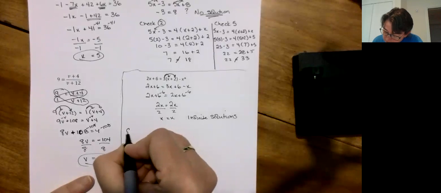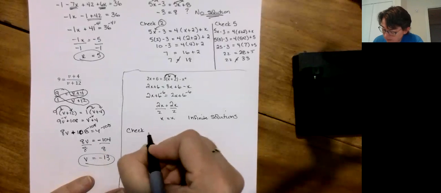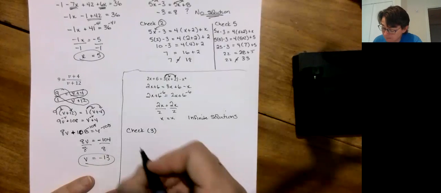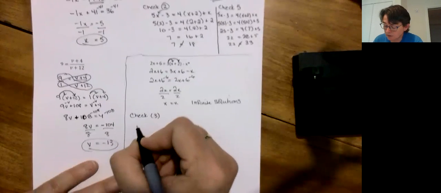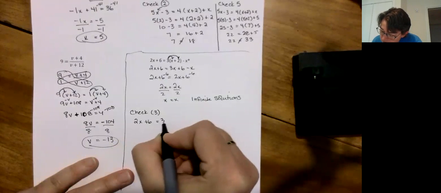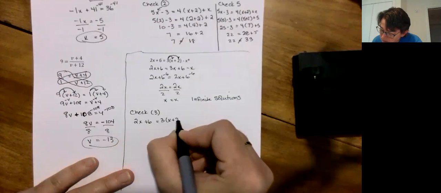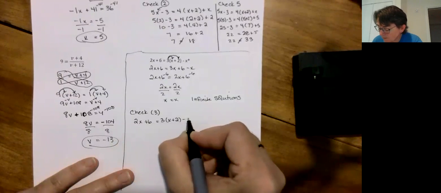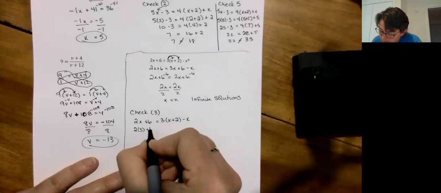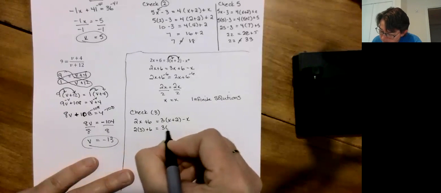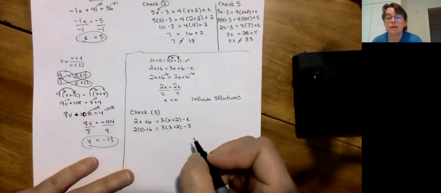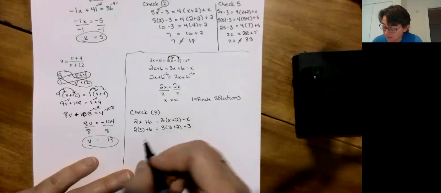So let's try, I'm going to do a check. I don't know, I'm going to pick 3. That is completely random. So the usual choice, 2x plus 6 is equal to 3x plus 2 minus x. Plug in my 3. I'm not narrating as much as you guys know how to do this by now.